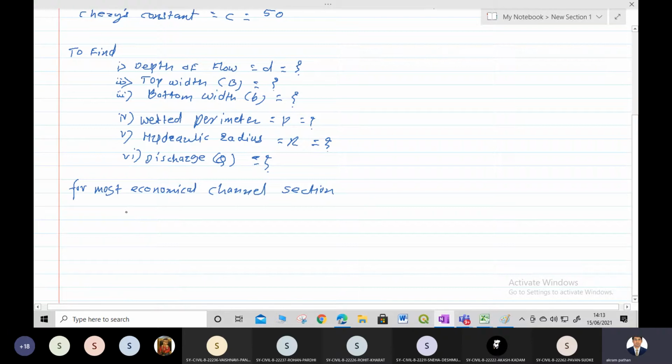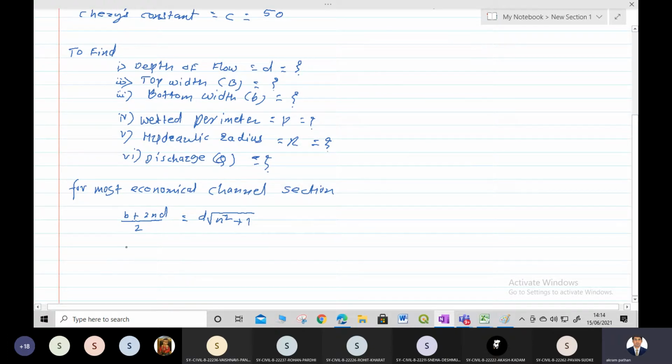So write down this: (b plus nd) divided by 2, which is equal to one of the sloping side, d under root n square plus 1.